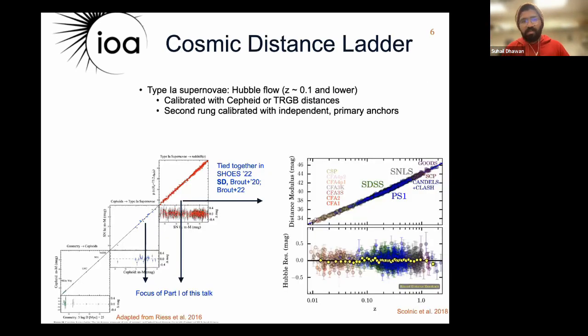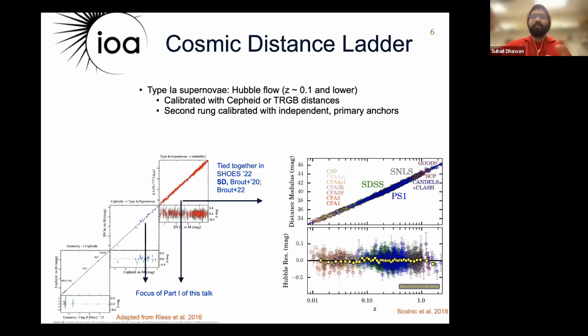Since I've mentioned the distance ladder, and that's the first part of the talk, just a very brief primer on how this measurement is done. As I'd mentioned, the local value of H0 is inferred by calibrating the luminosity of type 1a supernovae in the nearby Hubble flow, but also with Pantheon Plus and SH0ES.